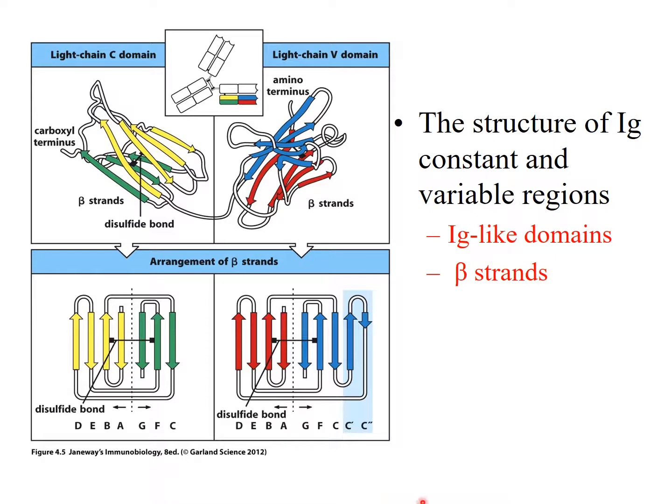Notice here there are very few, if any, alpha helices. You see the beginning of one here, a couple of the turns almost become one, but this is mostly going to be based on beta strands or beta sheets.